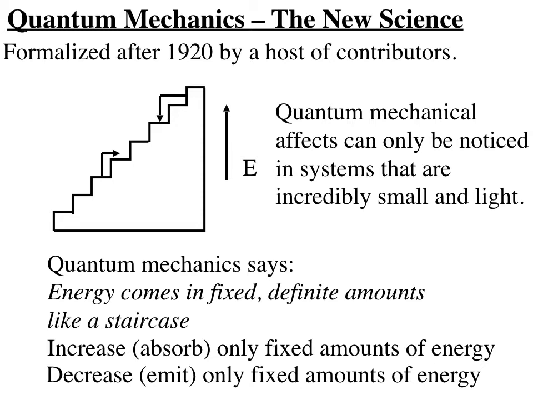So the highlight of what quantum mechanics says, one of the main changes compared to classical mechanics, is that if we envision energy for a quantum mechanical system, instead of being continuous, energy is discrete. Being discrete means it's only allowed to have certain fixed values.